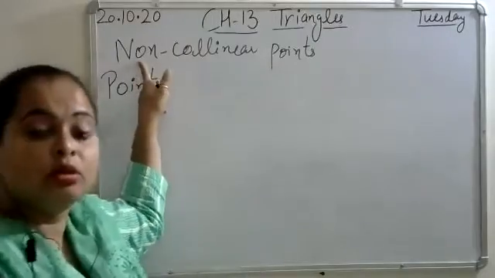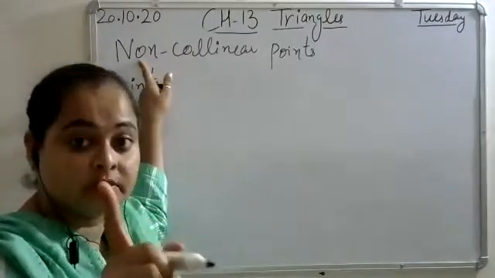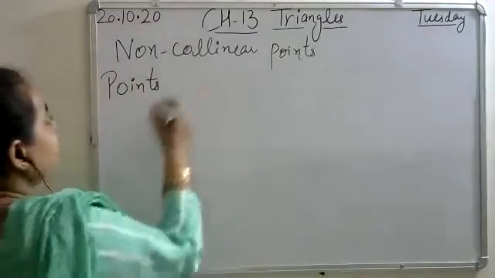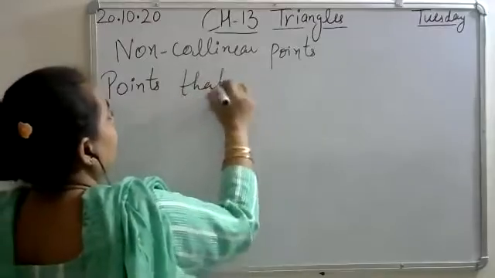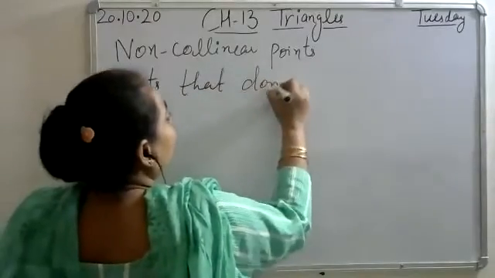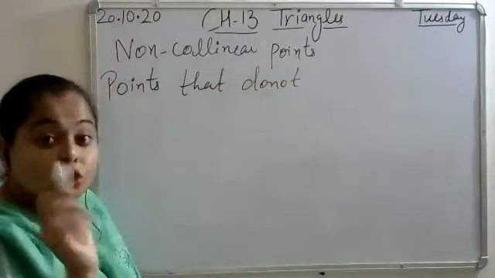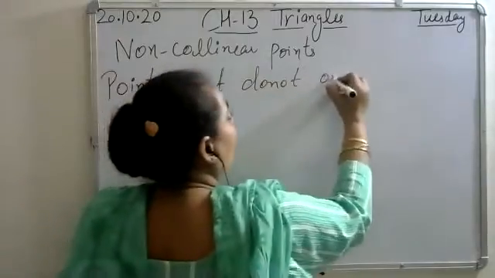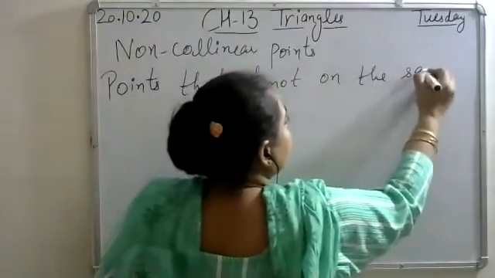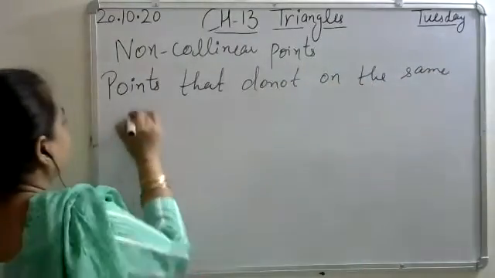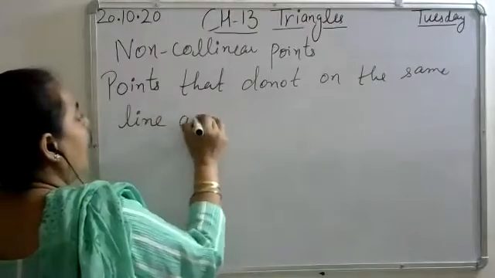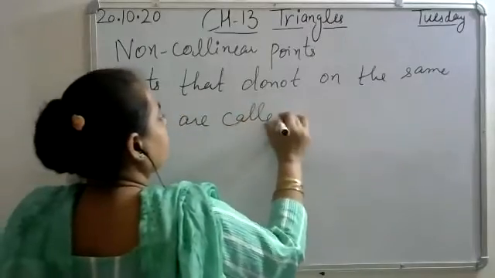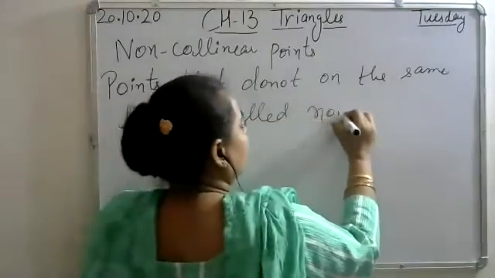Non means not. So points that are not on the same line are called non-collinear.